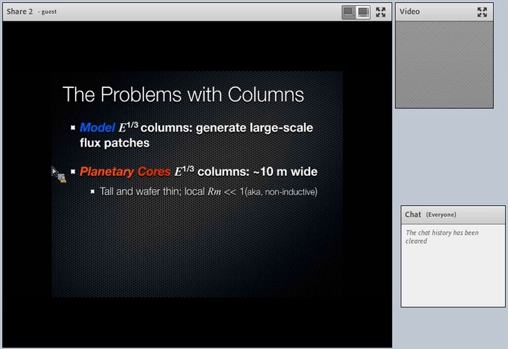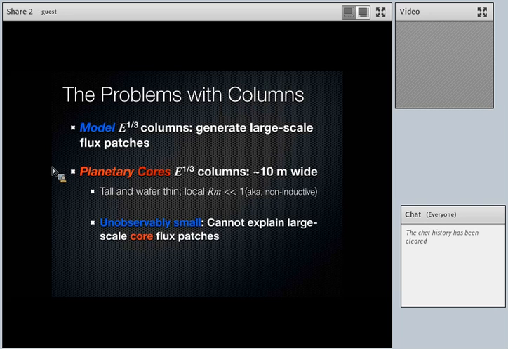So super tall and so thin. And in that case, the local magnetic Reynolds number for those structures is significantly less than 1. It's not clear that these columns would even produce magnetic fields. It might actually be that they're just purely magnetically diffusive structures.